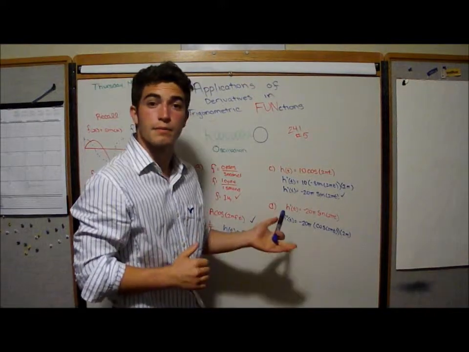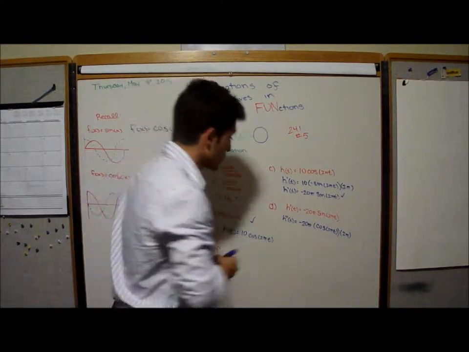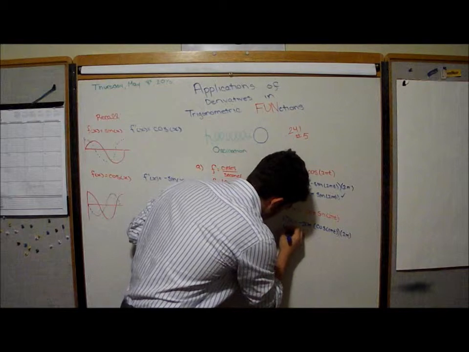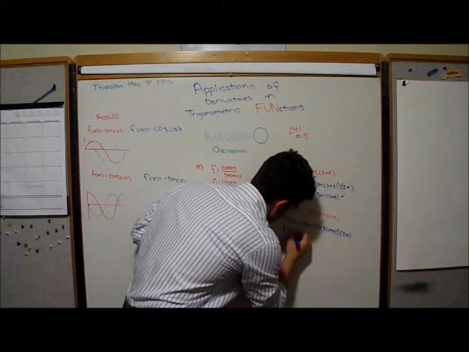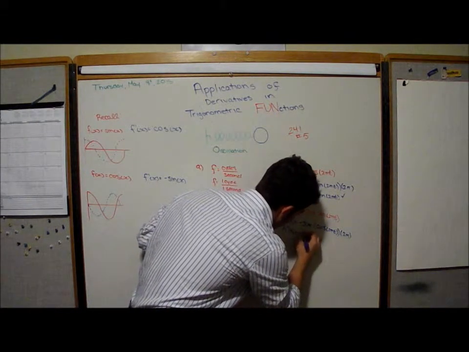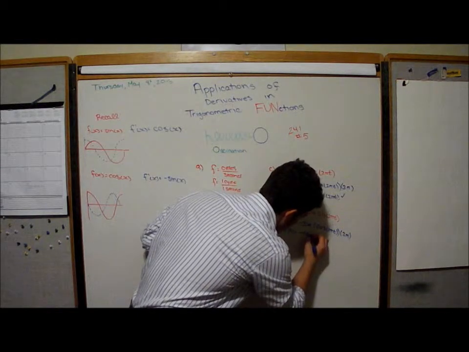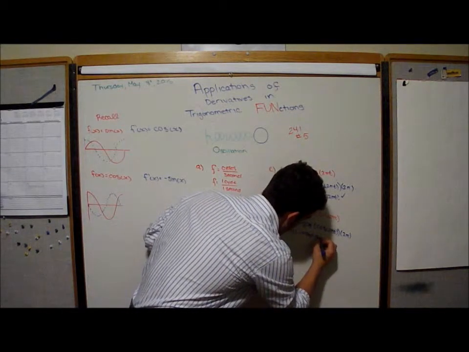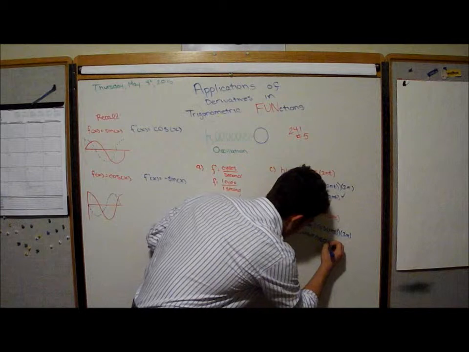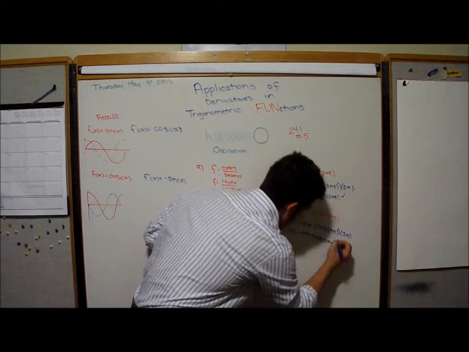Finally, we can then simplify this equation to determine h double prime t is equal to negative 40 pi squared cos of 2 pi t.